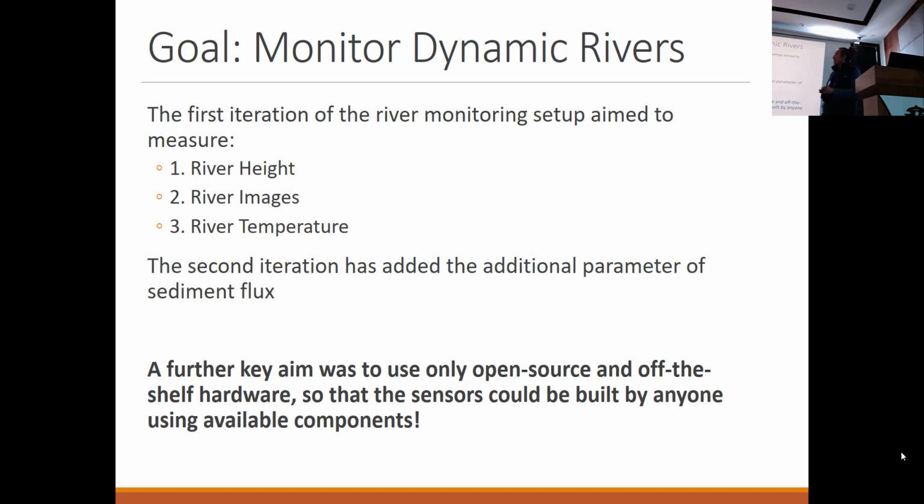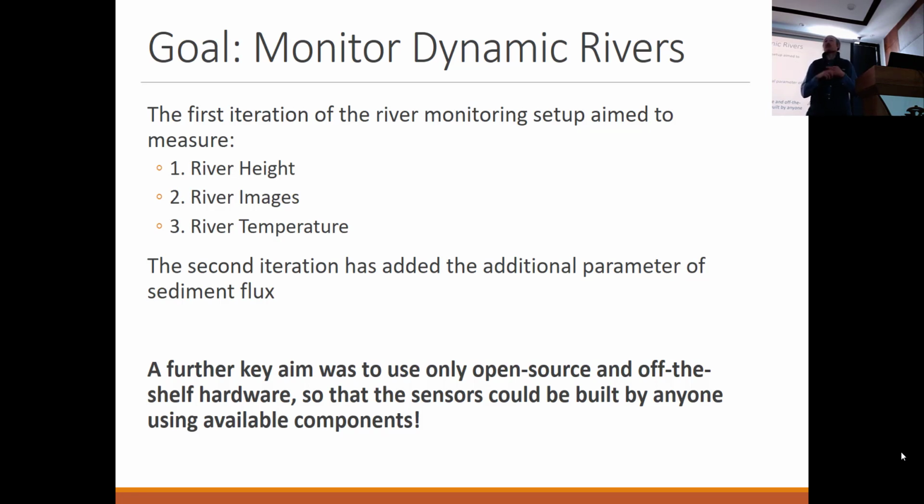So, yeah, the goal of the first iteration of these river monitoring sensors was to measure river heights, take pictures of the river, and get river temperature. With the goal that these are sort of parameters that you can measure from outside of the river that give you an idea of is there rainfall coming in, is there snow melt.